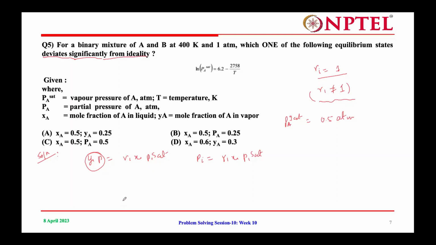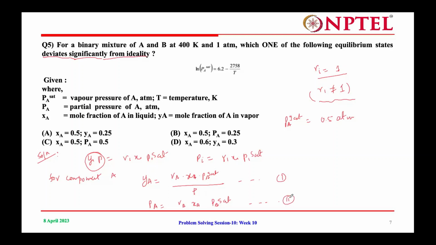Now for component A, yA is equal to gamma A into xA into PA sat over P. And the partial pressure of component A, PA, is equal to gamma A xA into PA sat. This is equation 1 and equation 2.